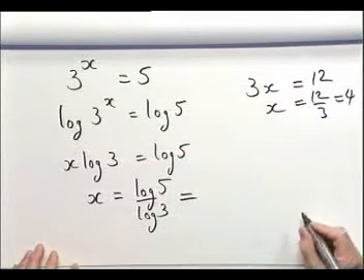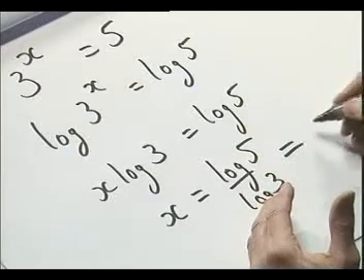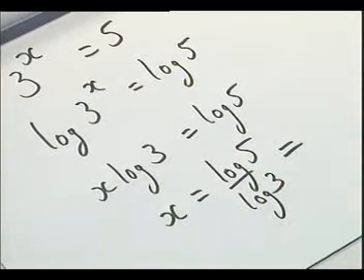And that calculation can be finished off using a calculator. We take the log of 5, divide it by the log of 3 using our calculator, and get the answer for x.